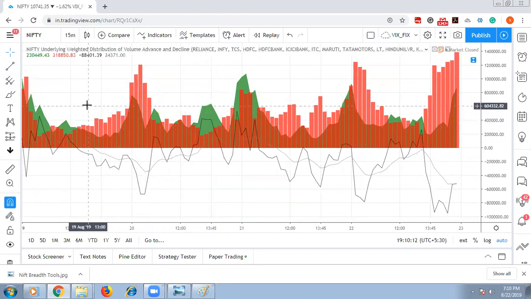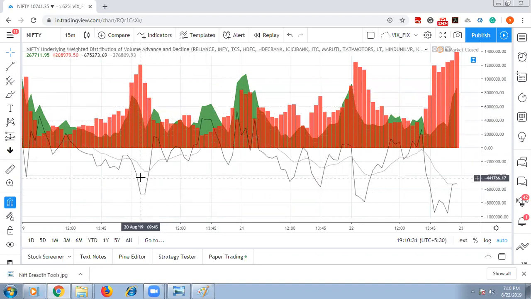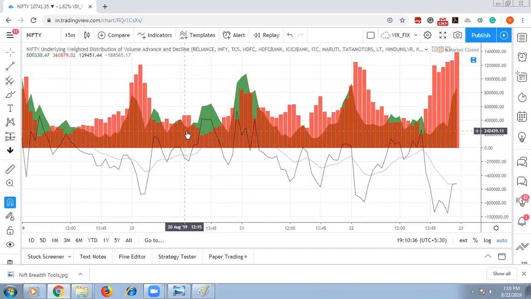So once again, I'm reiterating, the red bars talk about money withdrawals and the green area talks about the money injection. Okay, the black line here is the difference between the money injection versus money withdrawal.